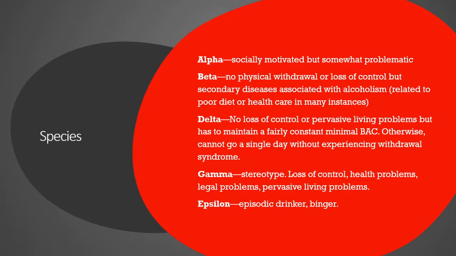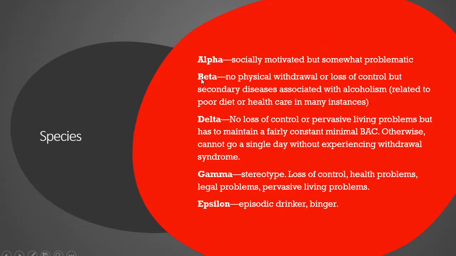And this is not just someone who drinks with impunity. It's somewhat problematic. They may have hangovers, get in trouble, say or do something stupid, lose control occasionally. Still somewhat problematic.